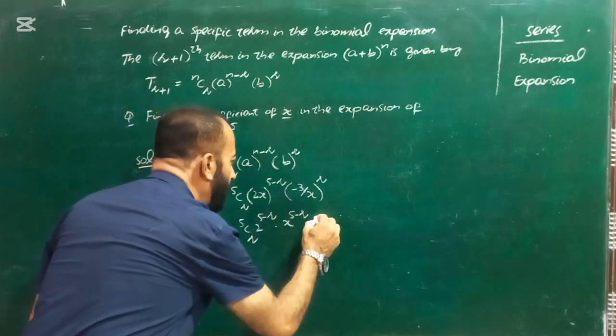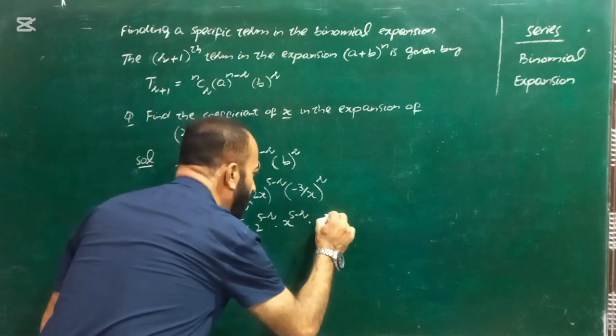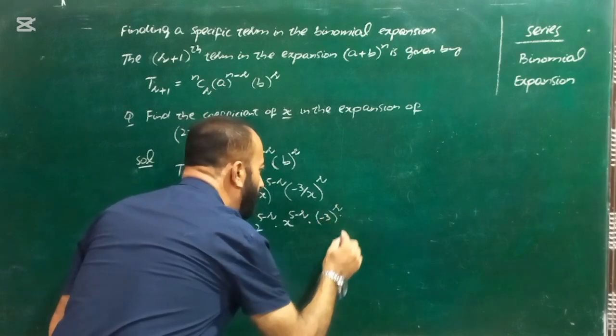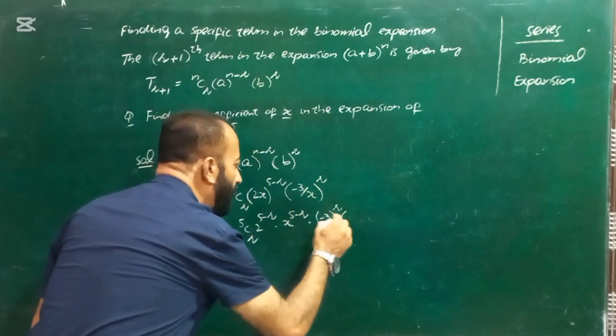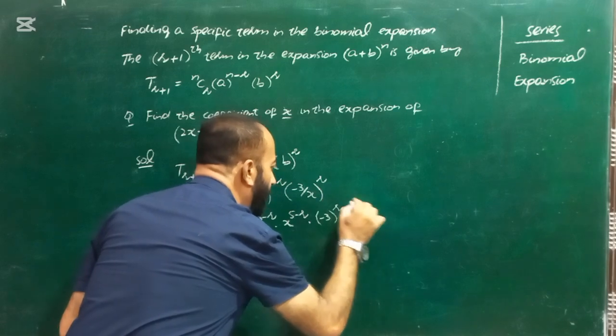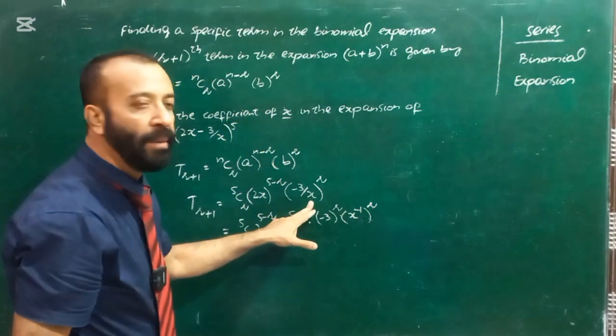So from here you can see minus 3 raised to the power r, into x will go into the numerator, the power will be minus 1, and this r is still there.